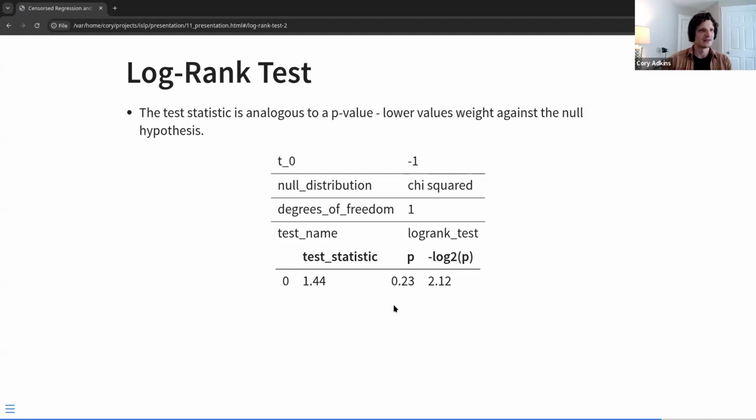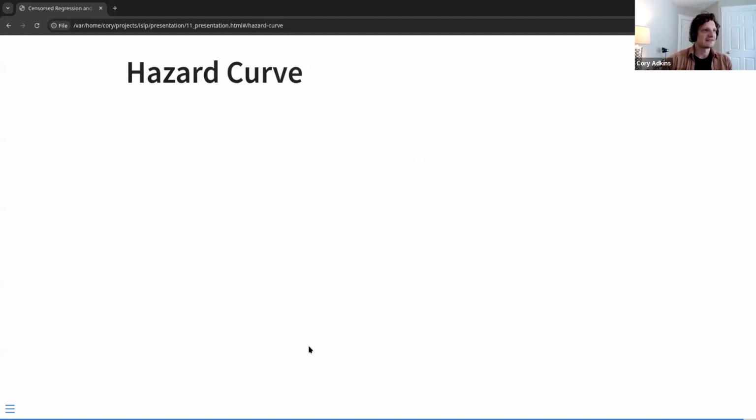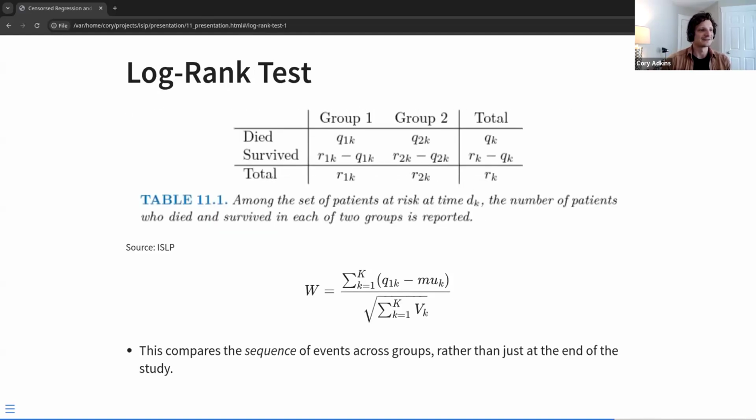This p-value is relatively high. But I actually don't know how to interpret this test statistic by itself. But that's all I got for this week.